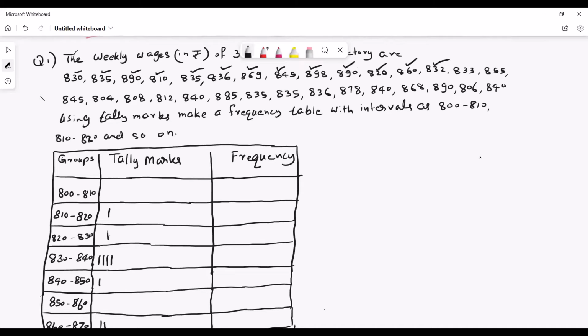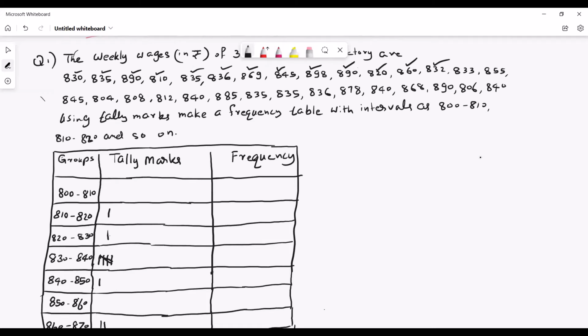See, 4 numbers we have marked here. 4 lines are there. Then the 5th line we have to make as a cross line. So this means that for 5 tally marks, the fifth mark we have to make a cross line.